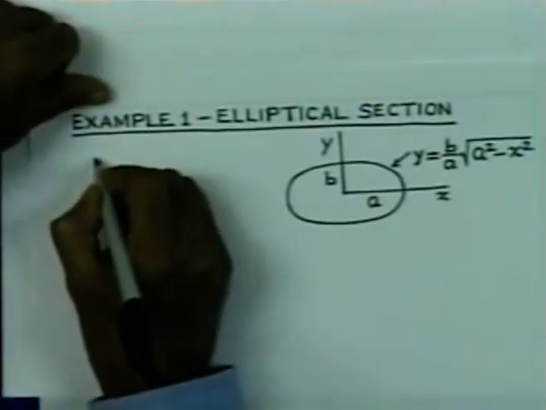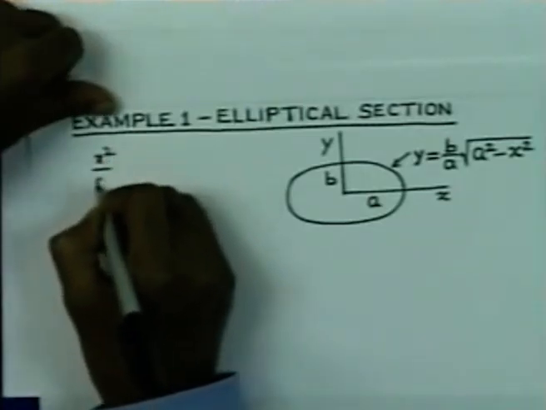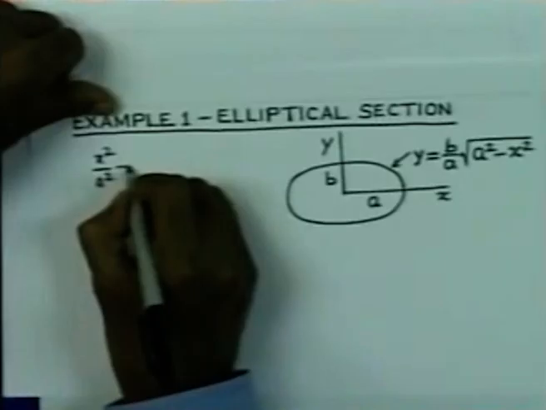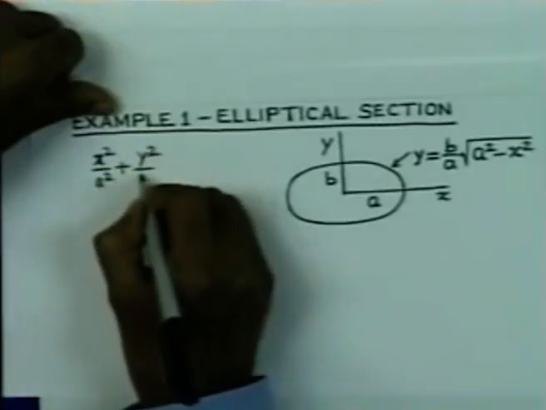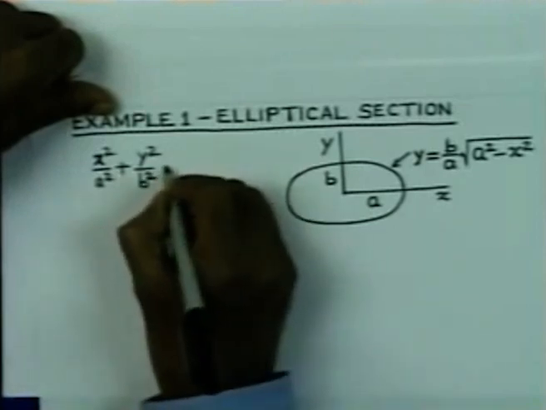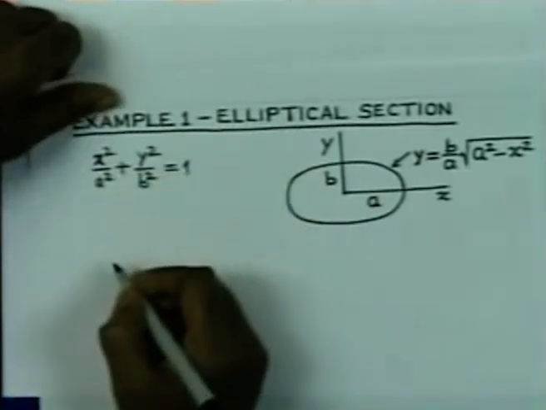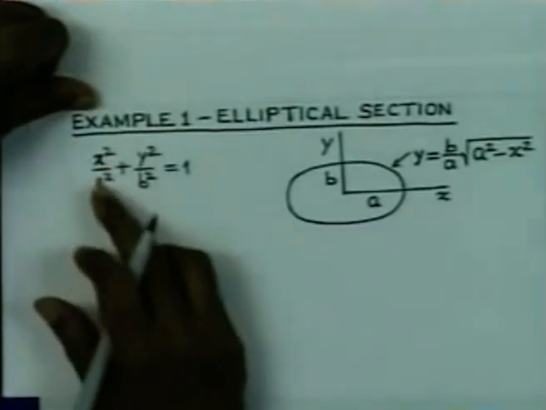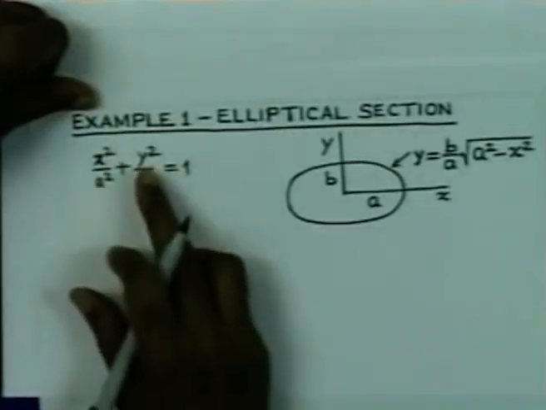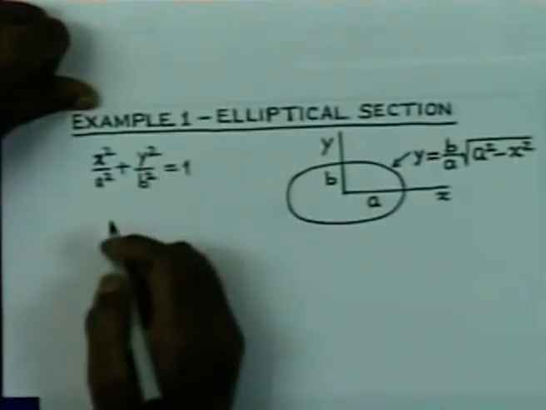The equation of the boundary is given by x square by a square plus y square by b square is equal to 1. So the boundary equation is x square by a square plus y square by b square minus 1 equal to 0.